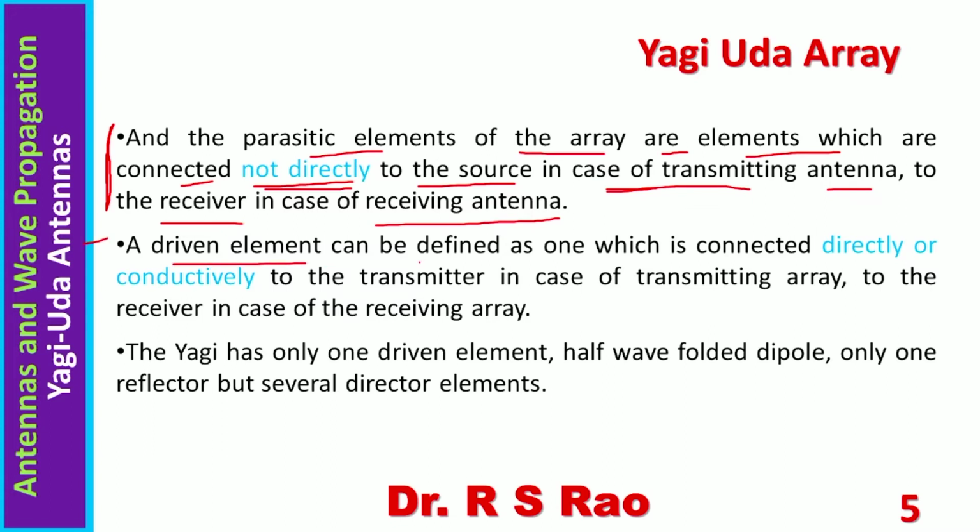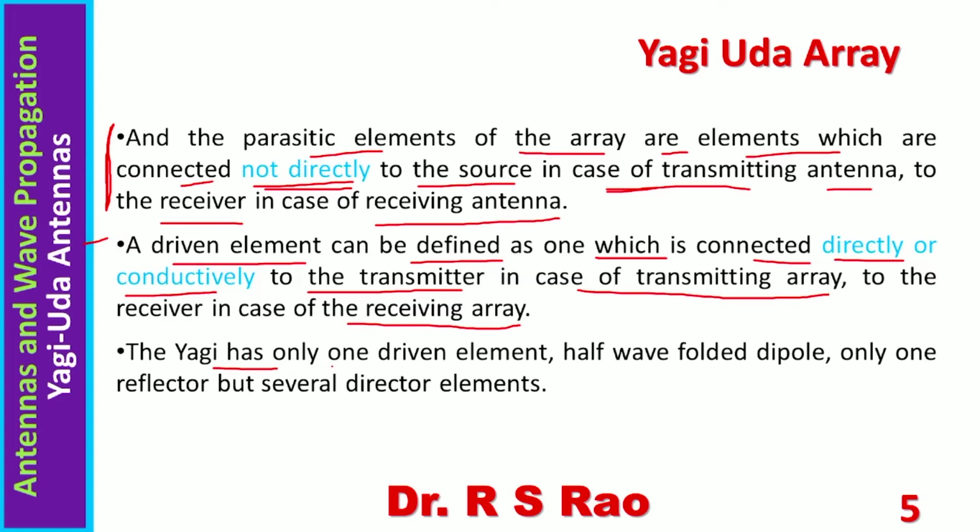A driven element can be defined as one which is connected directly or conductively to the transmitter in the case of a transmitting array, or to the receiver in the case of a receiving array. Here, definitions of parasitic elements and driven elements are being given.